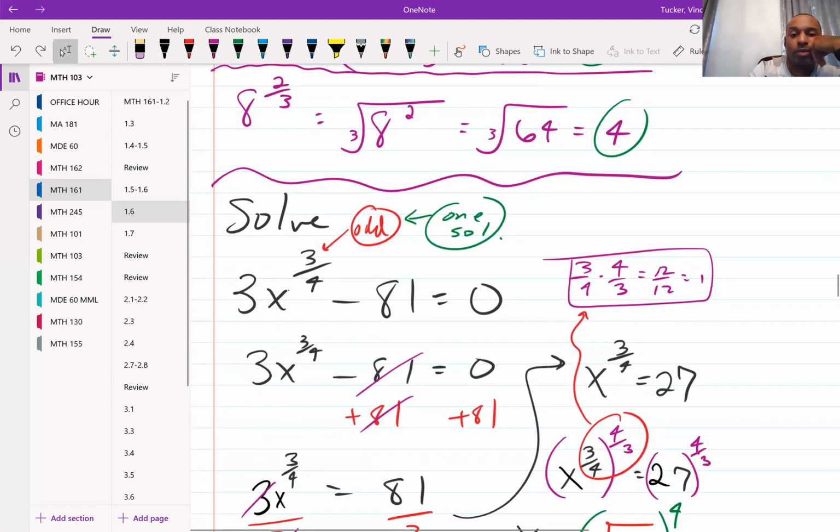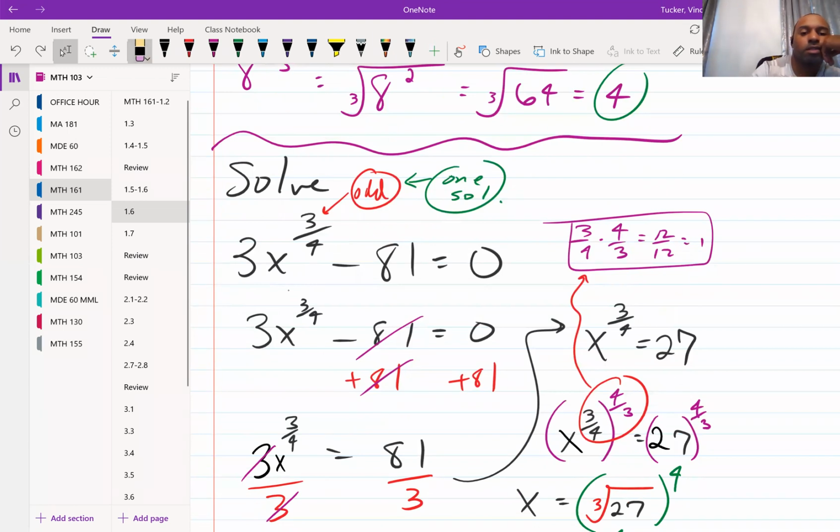So we add 81 to both sides. That gives us 3x to the 3/4 equal to 81. Divide by 3. That gives us x to the 3/4 power equal to 27.